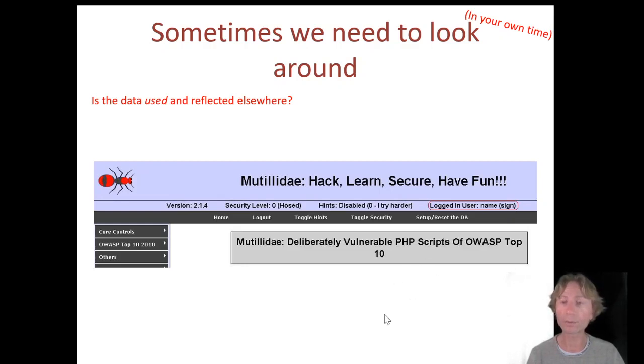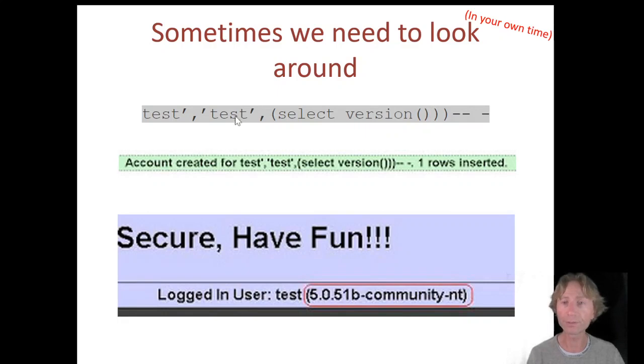So what we can now do is the same trick that we did earlier, but now with a third field, and we put our subquery there, select version, and this creates a new account for whatever the name is, the full three values that we added there. But the signature is reflected on the web page, and the signature is used as an actual SQL statement, as a subquery. Okay, so now we see that this is indeed an old version of MySQL.